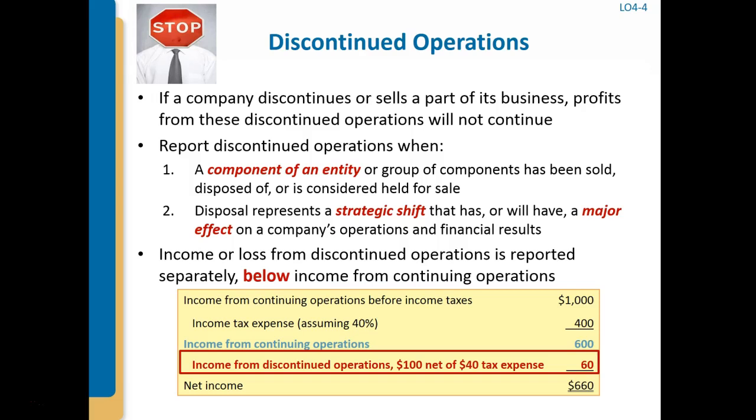So as part of the continuing process to converge U.S. GAAP and international standards, the FASB and IASB have developed a common definition and a common set of disclosures for these discontinued operations.